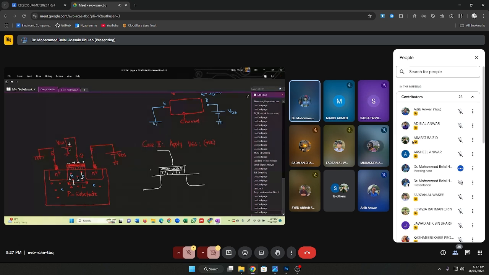Then we apply this voltage VGS, plus and minus, so we have positive charge distributed all over the metal layer, and these holes are pushed downward. Remember that every time you add a boron atom, a hole is generated, and correspondingly the boron becomes negatively charged. As long as the negatively charged boron ion and the hole stay close to each other, they are neutralized.